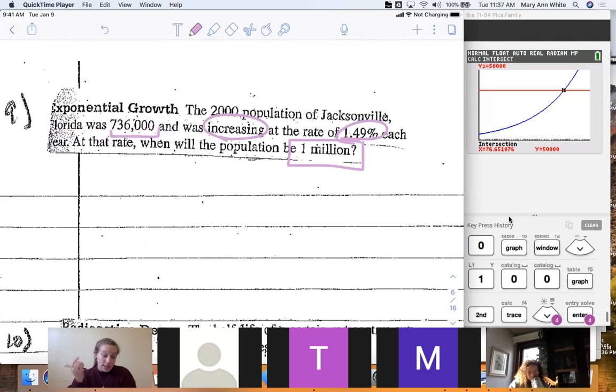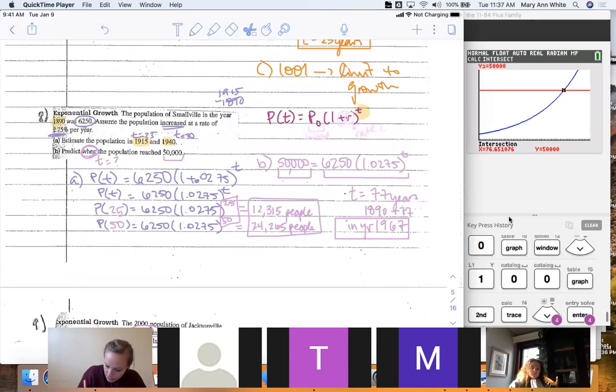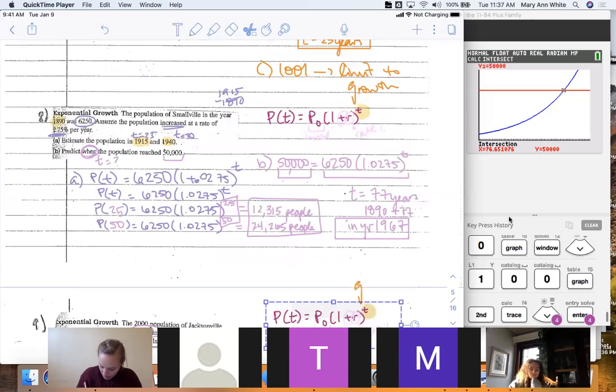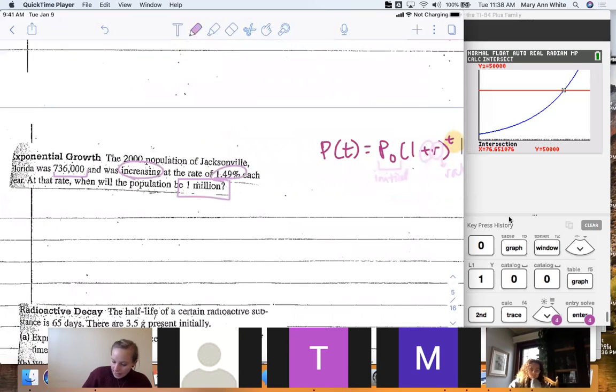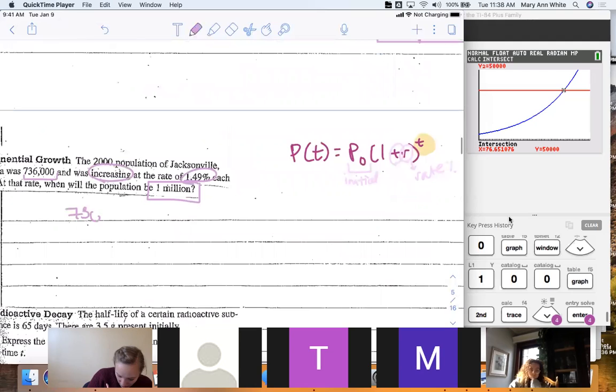So we actually only have one step on this problem, which is great. We're using the same formula, so if we need to copy and paste it, we can do that. My initial population is 736,000, I'm so sorry.